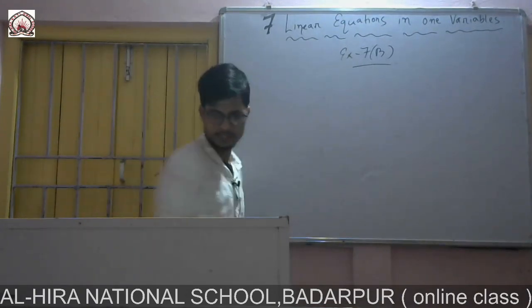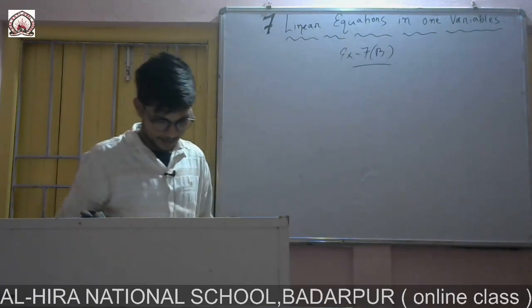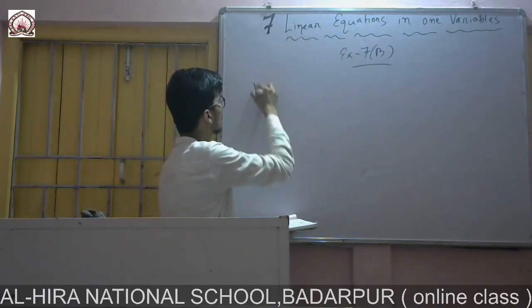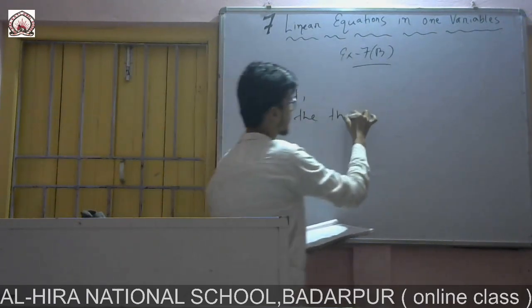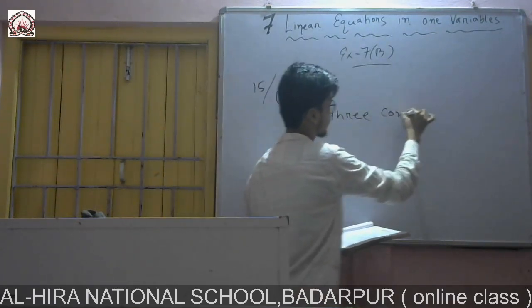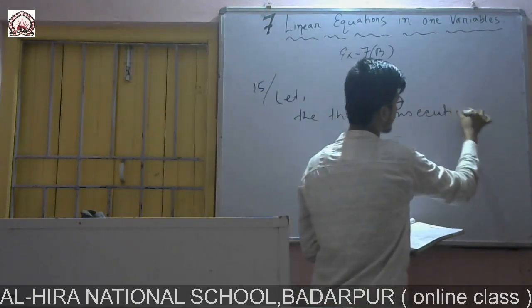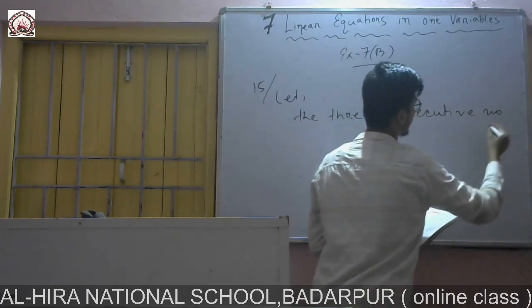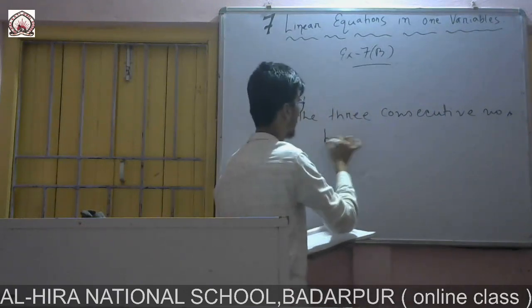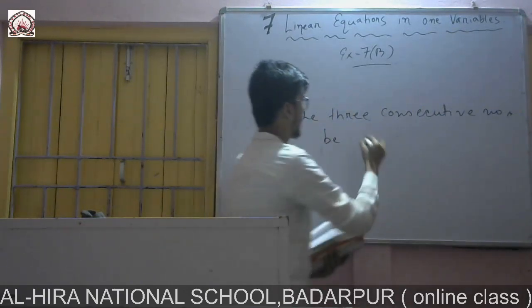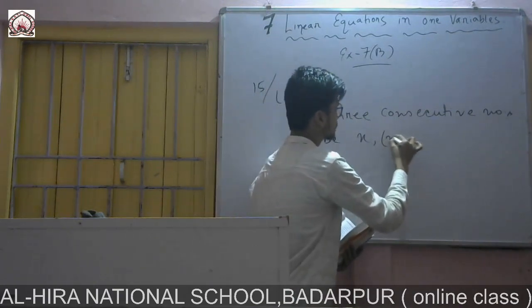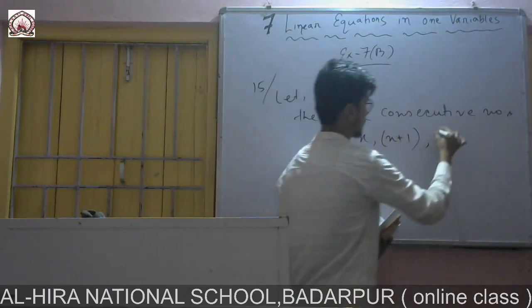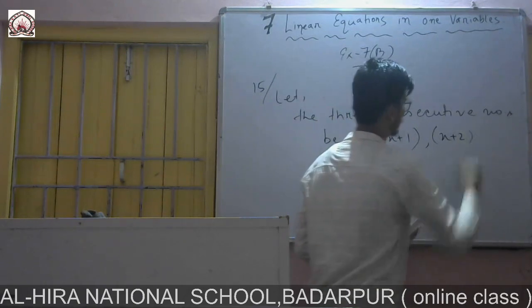So to do this one, first of all you will write question number 15. Let the 3 consecutive numbers be x, then the other number will be x plus 1, then the third number will be x plus 2.